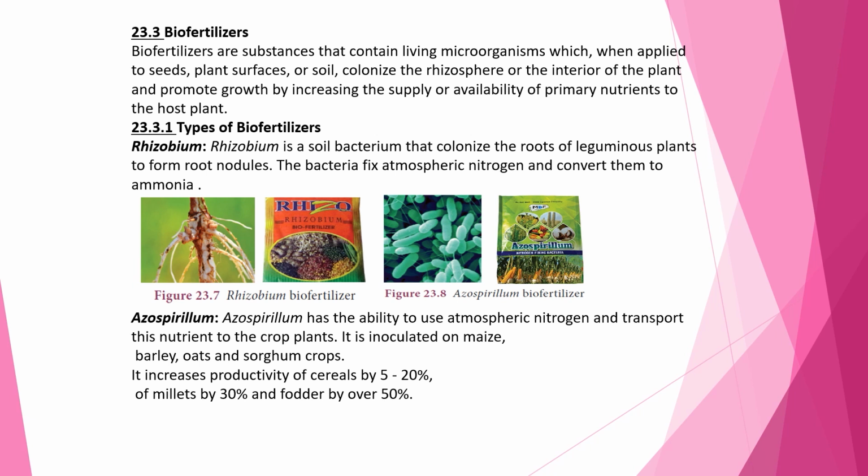So here are the types of biofertilizers. First one, Rhizobium. This Rhizobium we have done in practicals here, which is present in root nodules of leguminous plants. In the given picture, the first one is the root nodule, the second one is the fertilizer or manure, we say Rhizobium as fertilizer.